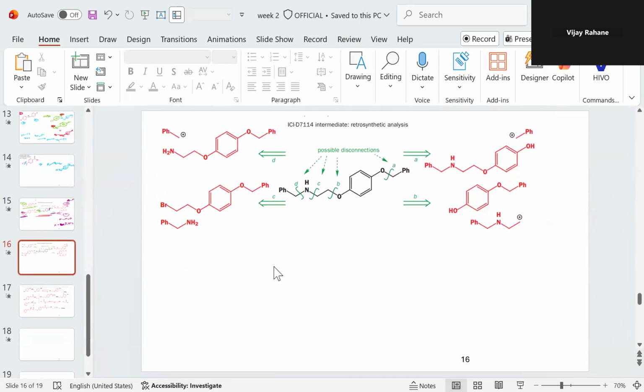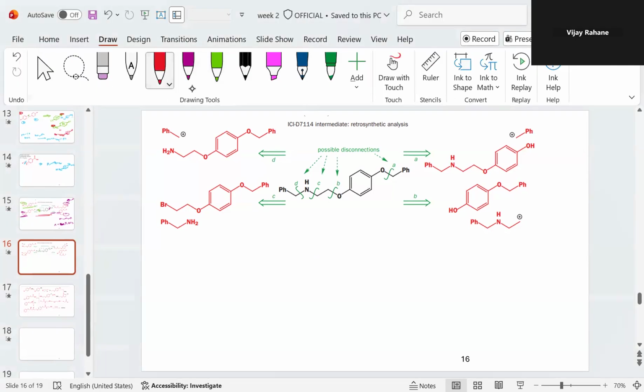How will you start your synthesis? If you want to synthesize this target molecule, forget about whatever disconnections they have shown. What will be your retrosynthesis, or what will be your forward synthesis for this molecule?